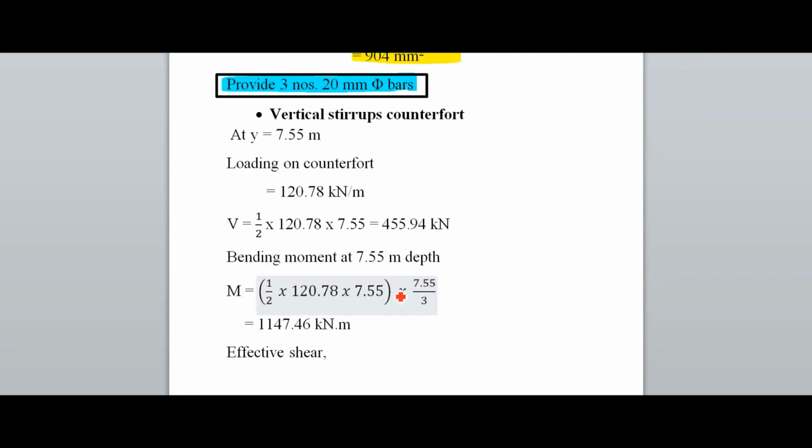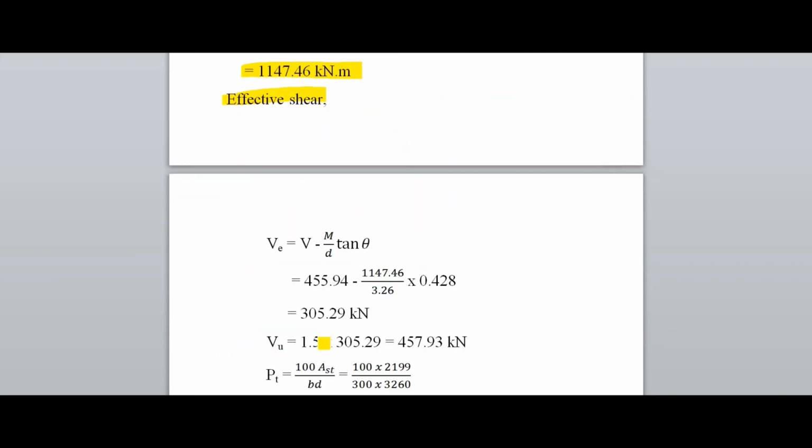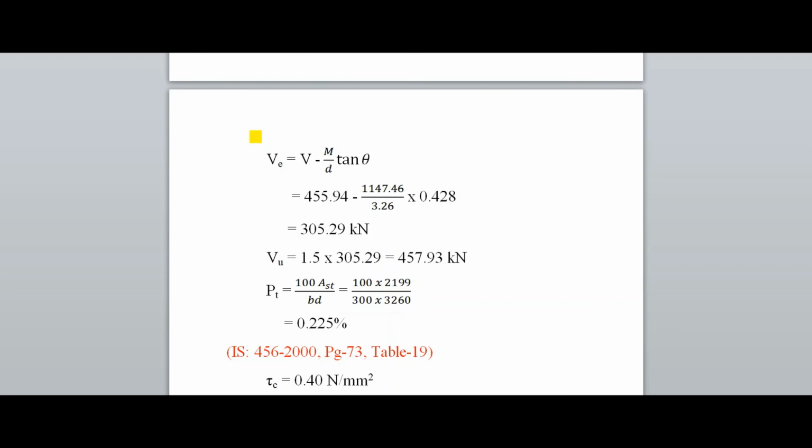Now we have to design the vertical stirrups at the counterfort. H is 7.55 meter. The loading on the counterfort we calculated. So V is 1/2 into 120.78 into 7.55. The value is 455.94 kilonewton. So the bending moment at 7.55 is 1147.46 kilonewton meter. So the effective shear is Ve equal to V minus M by d tan theta.